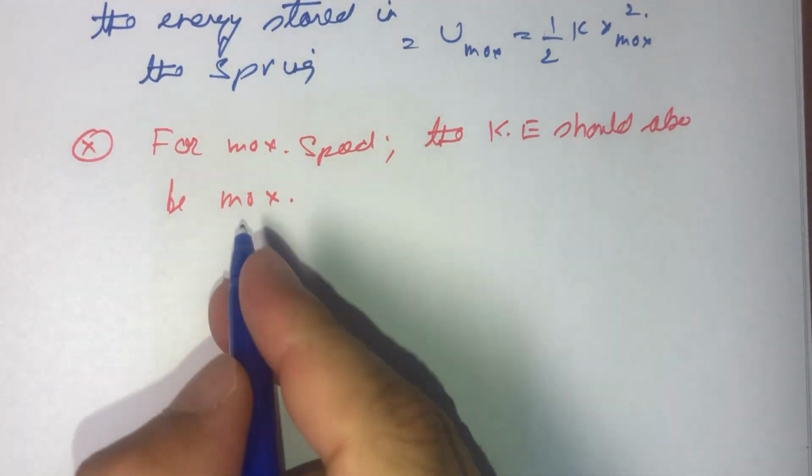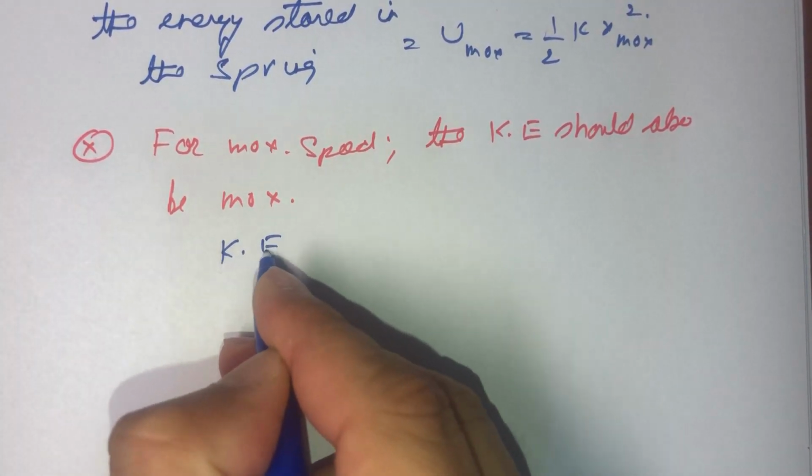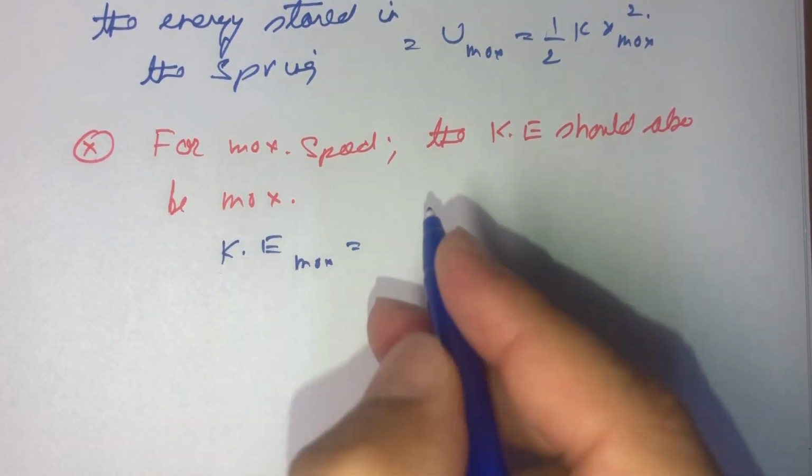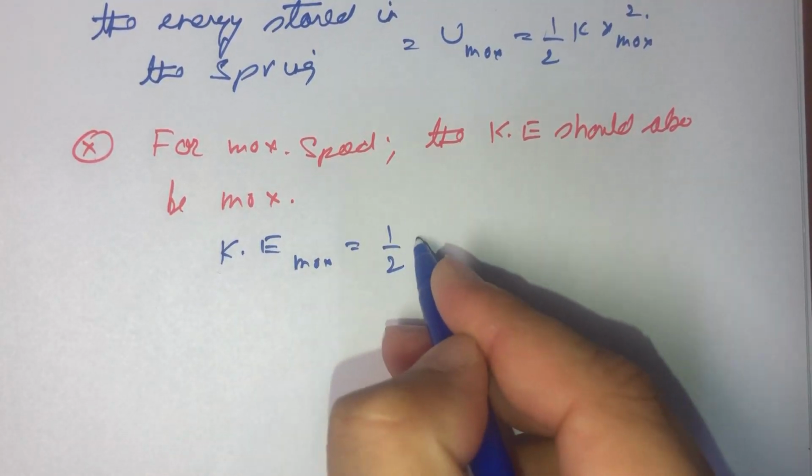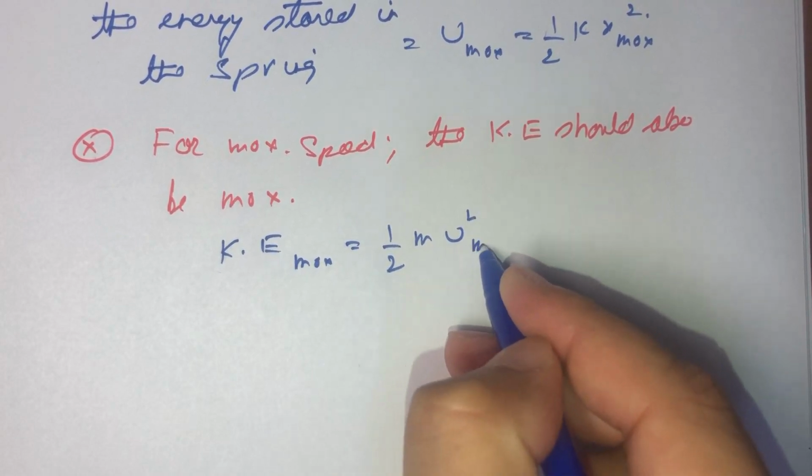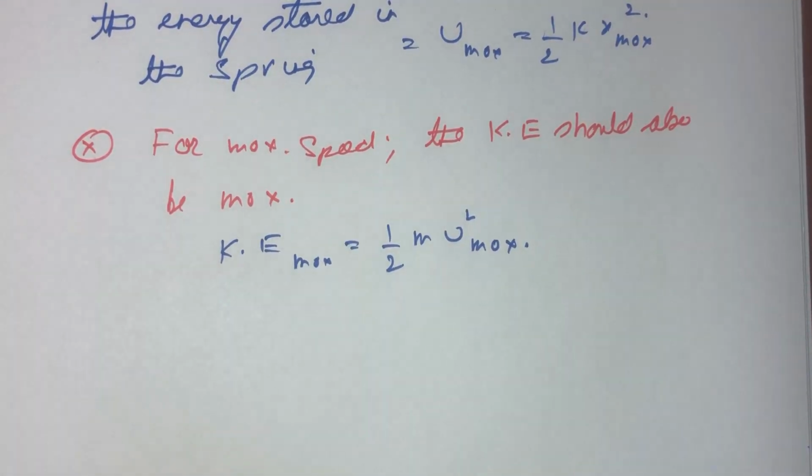So we can write that our kinetic energy maximum will be equal to half m v square max.